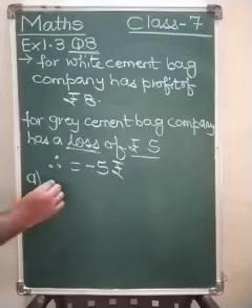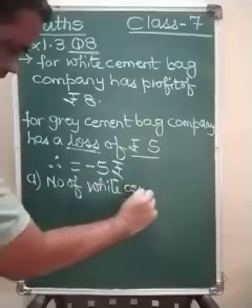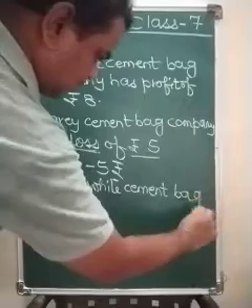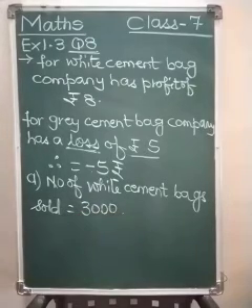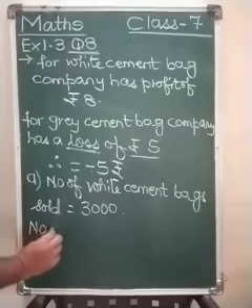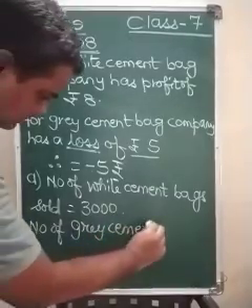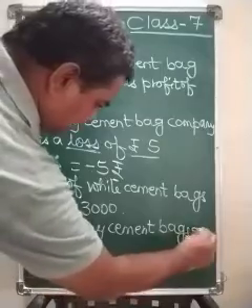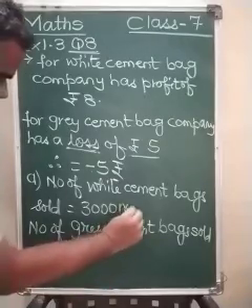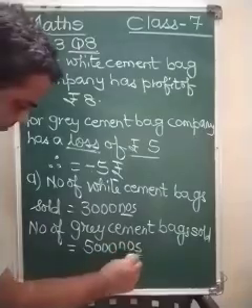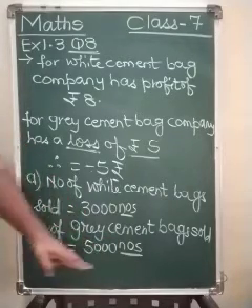Again, for A part, number of white cement bags sold equals 3,000 and number of grey cement bags sold equals 5,000.